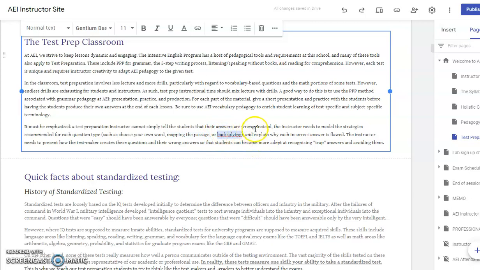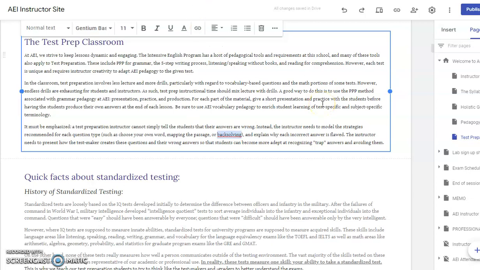Back solving in most math problems is going to be very useful and so forth. You need to walk through the strategy for that question type and tell the students why each of the incorrect answers are problematic and how to find the correct answer.